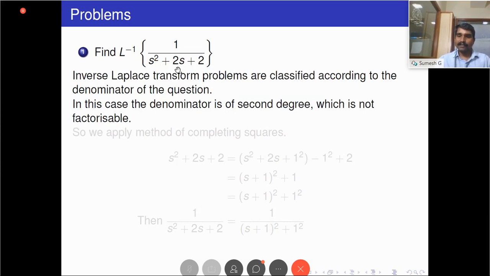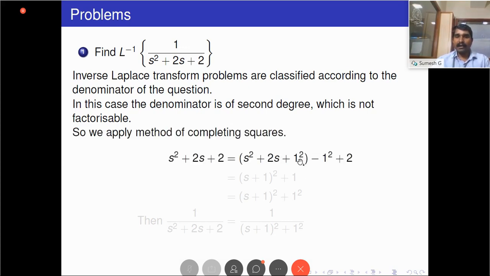So first we have to check whether it is factorizable or not. If it is factorizable, then we can apply the partial fraction technique to find the inverse Laplace transform. But in this case, the denominator is not factorizable in terms of real factors. So in such cases, we have to apply the method of completing squares.